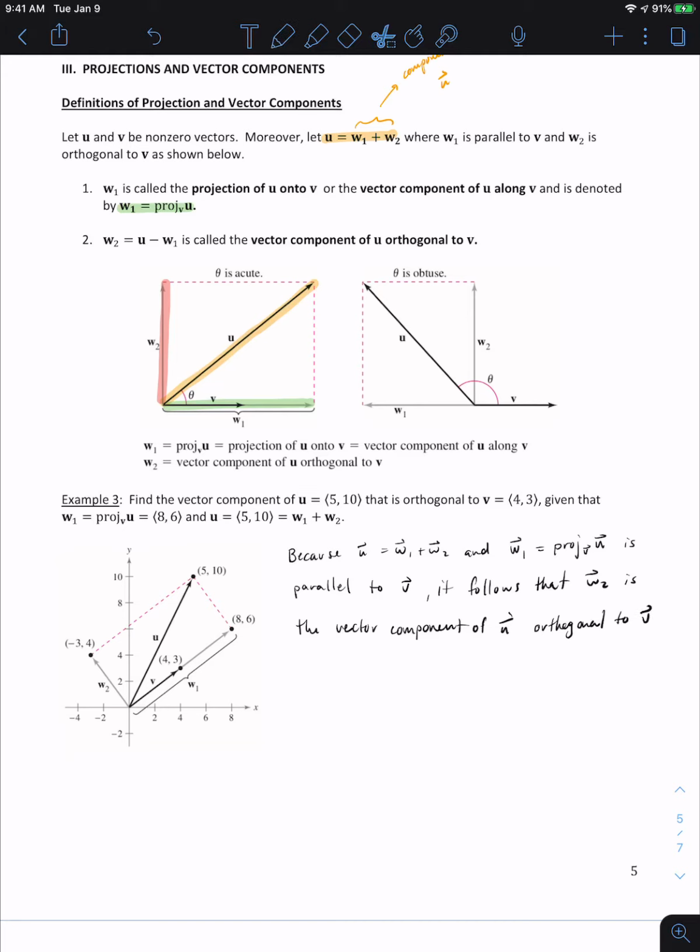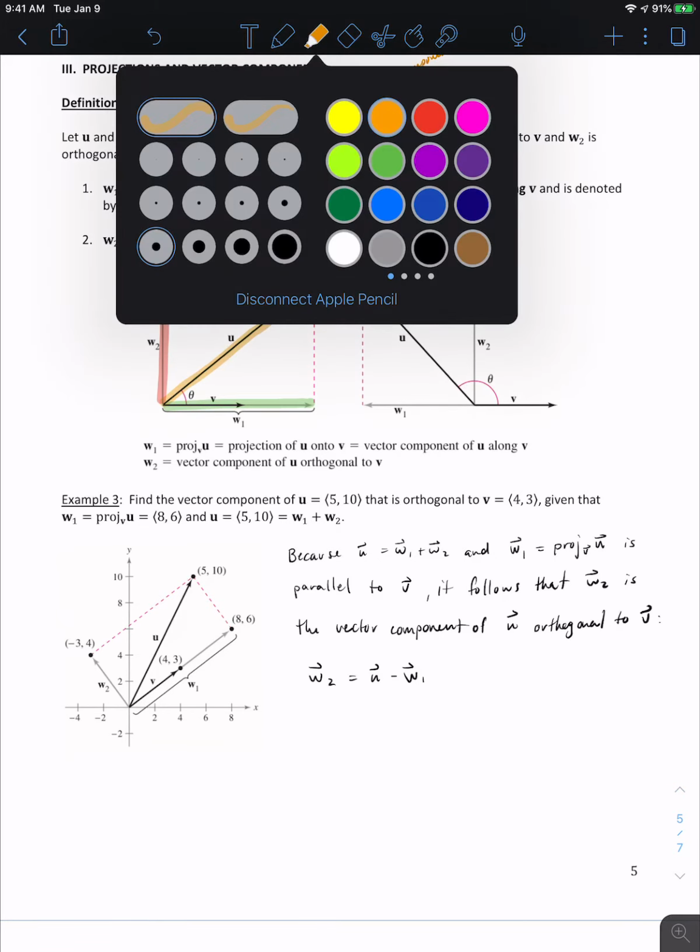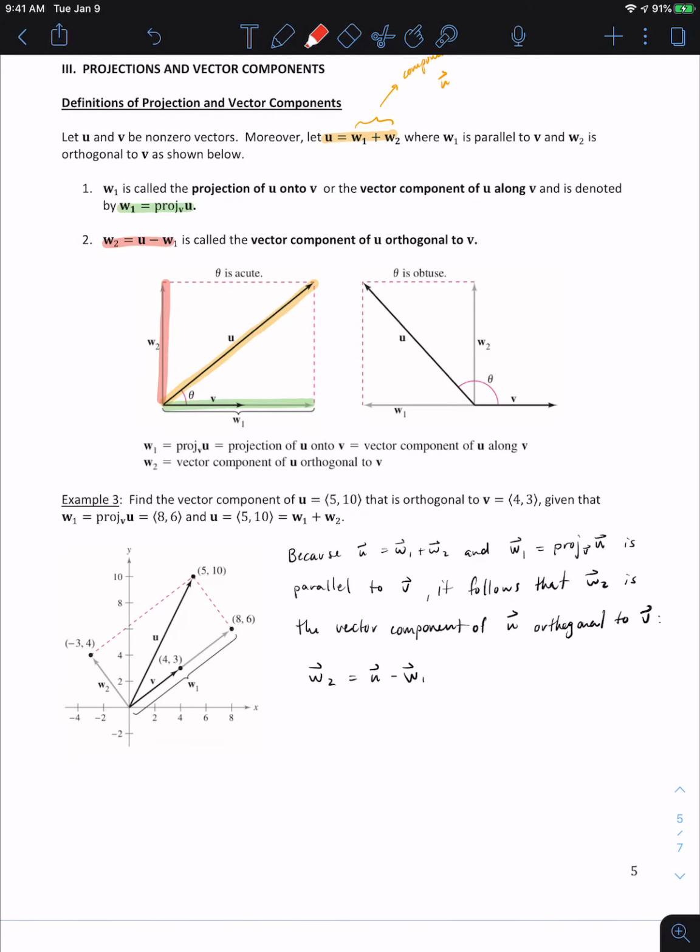And so that is what we're trying to find. We are trying to find W sub 2. Well, W sub 2 is equal to, by our formula, U minus W1. Probably should have colored that in according to our guide.